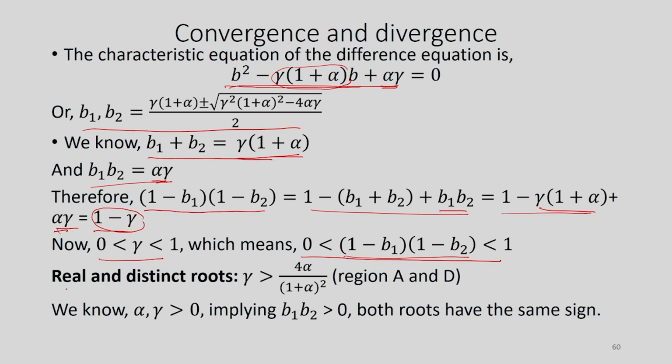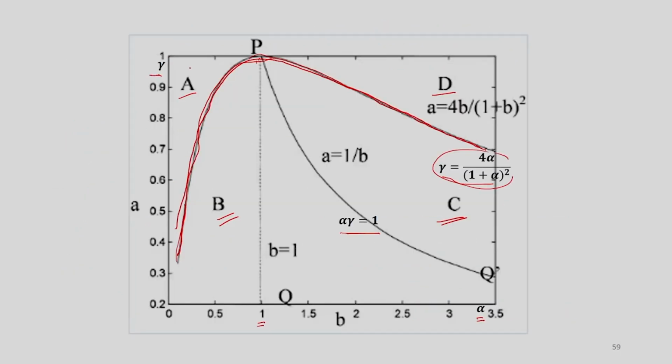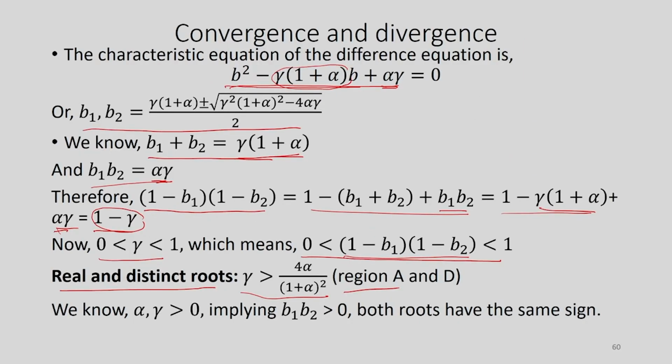Now, let us take the case of real and distinct roots. In this case we know this has to be satisfied, right. Gamma is strictly greater than 4 alpha divided by 1 plus alpha whole square. So, we are talking about the regions A and D. Now, we know that alpha and gamma both are positive, right.